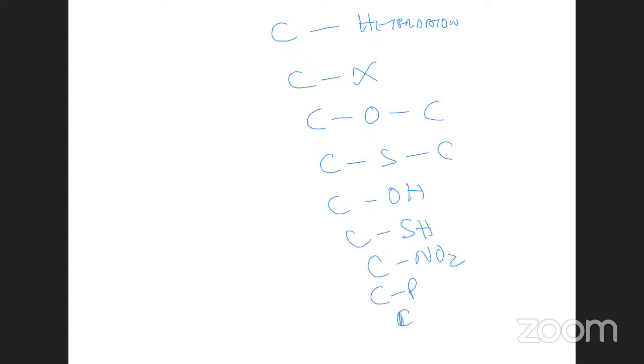And amine. All right, so these are the functional groups, because I'm classifying these according to the bond between carbon and the heteroatom. So that is when it is a single bond. Now let us go for it. There are two bonds between the carbon and the heteroatom.